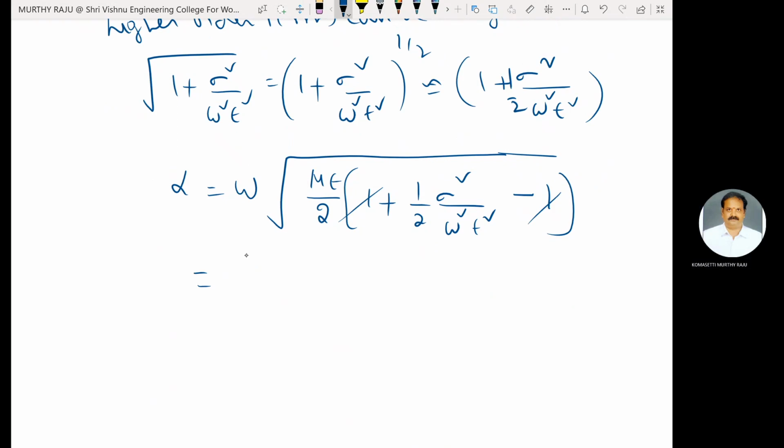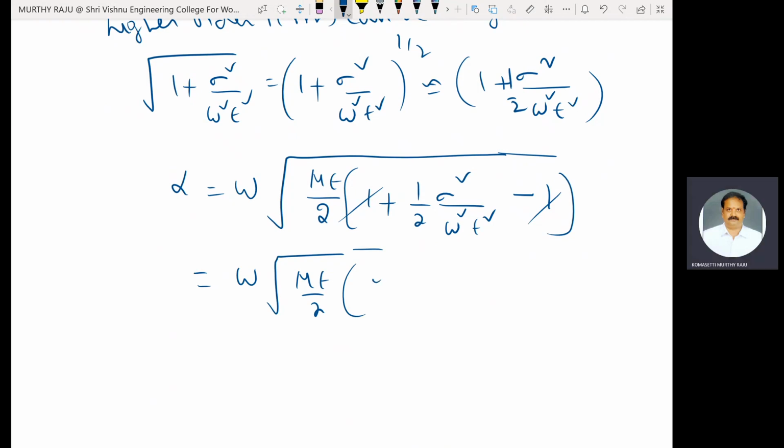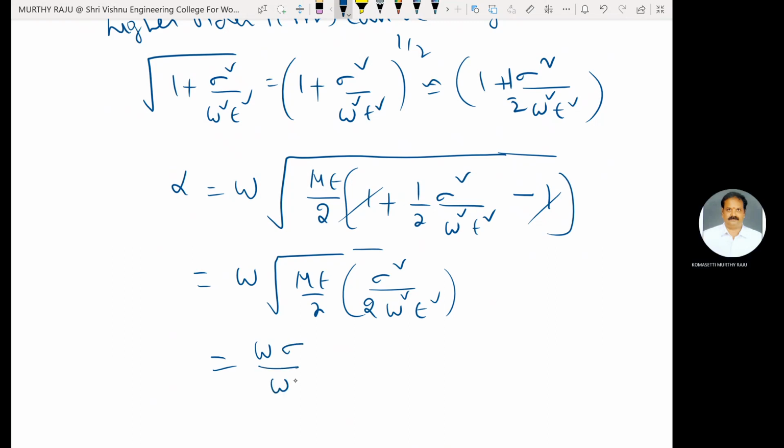That is equal to omega square root of mu epsilon by 2, times sigma square by 2 omega square epsilon square. That is, the square root of sigma square by omega square is sigma by omega.